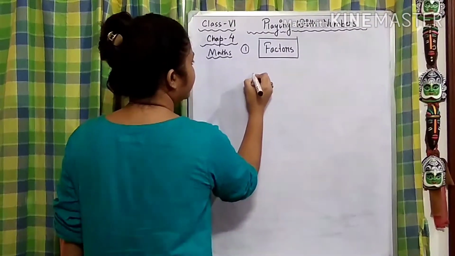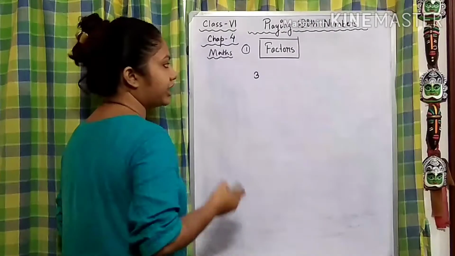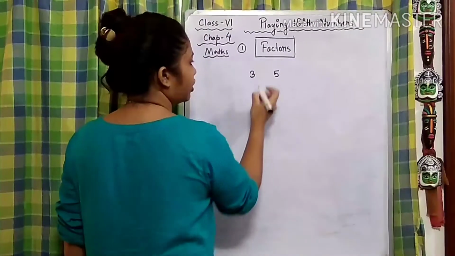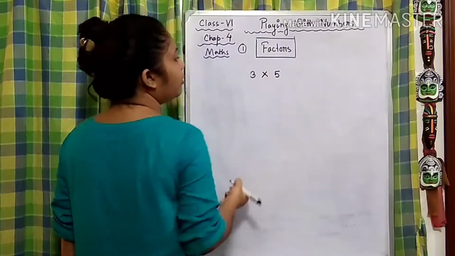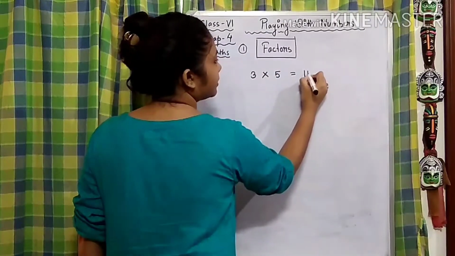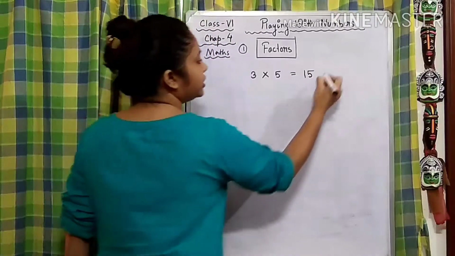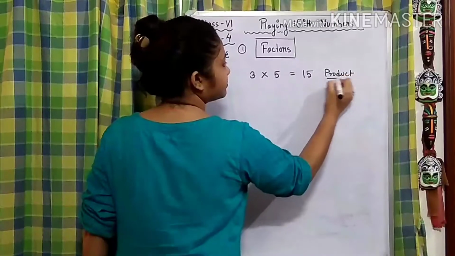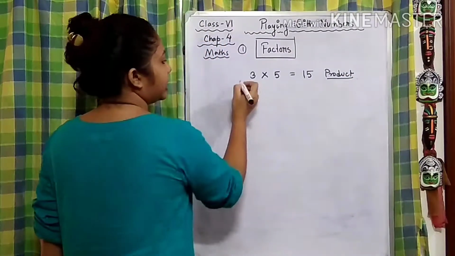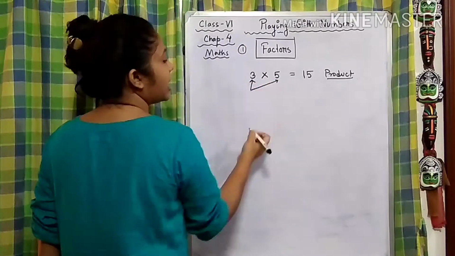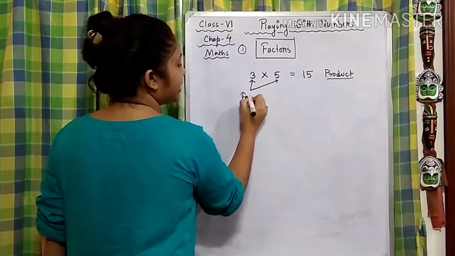Say I have taken one number 3, another number 5. Multiplying both numbers, what will they give? 15. So this is the product, and these two numbers are the factors.